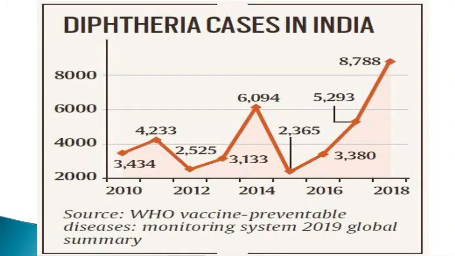This is a chart published by the WHO Vaccine Preventable Disease Monitoring System 2019, and it shows the number of cases reported in India from 2010 to 2018.